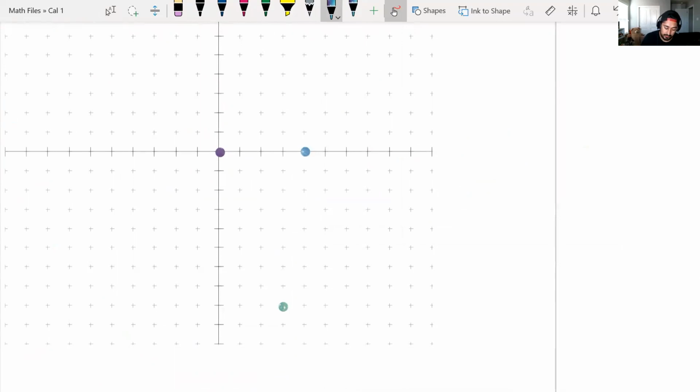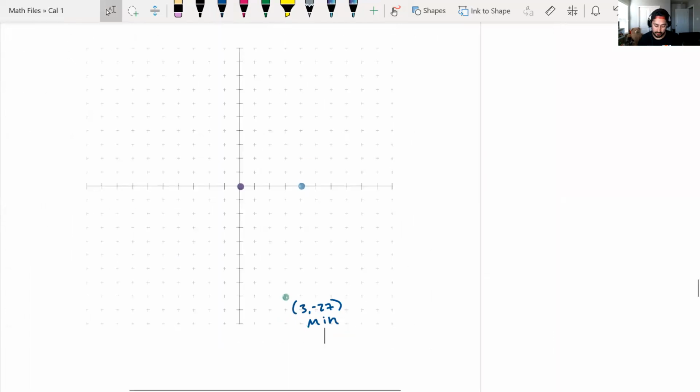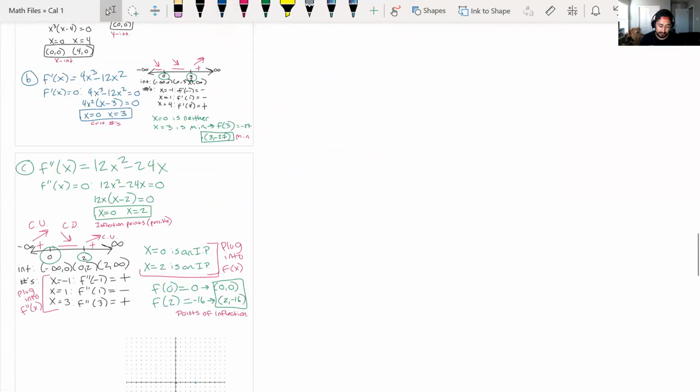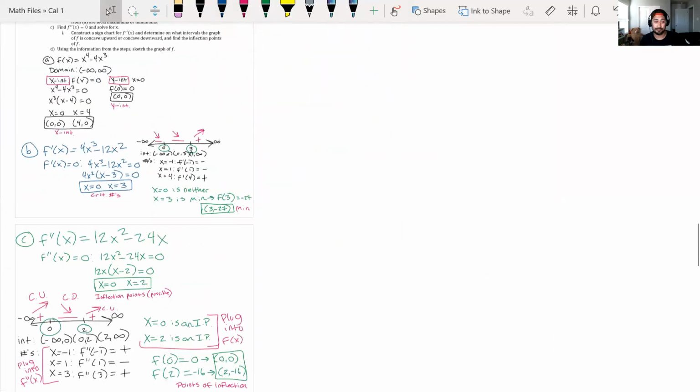There's my minimum. I'll even write it there. All right. Not accurate, but hey, it's a sketch, right? Okay. Everything we need from step B is done.